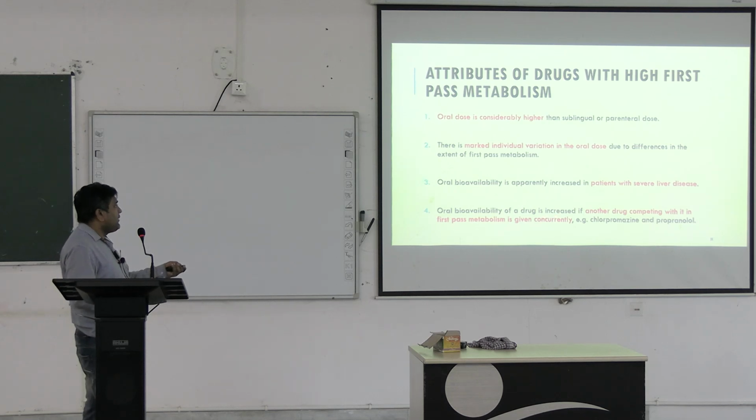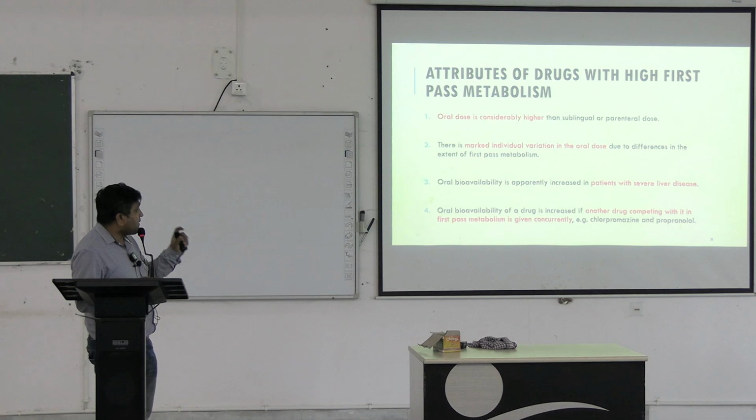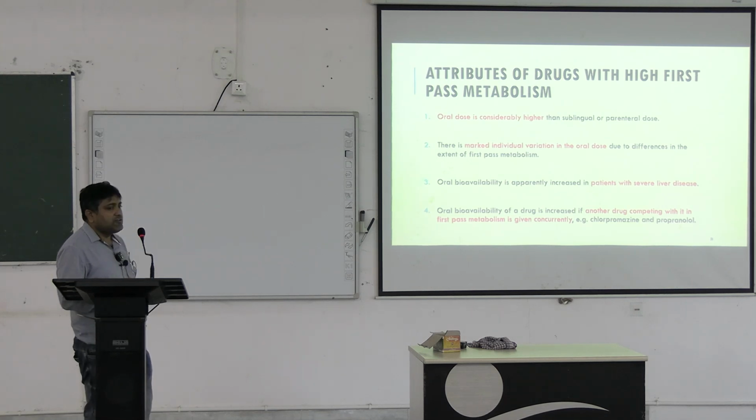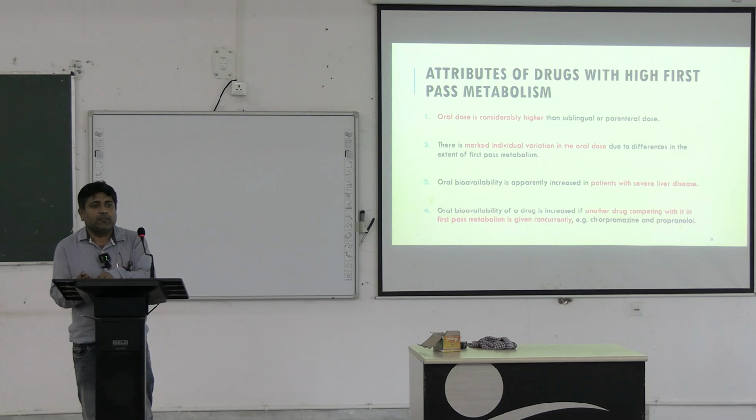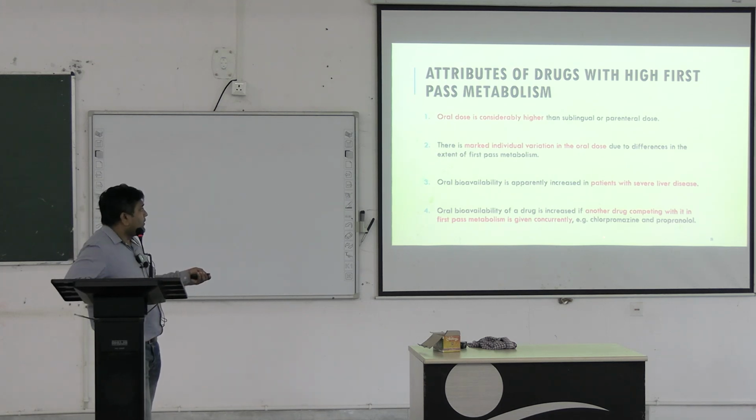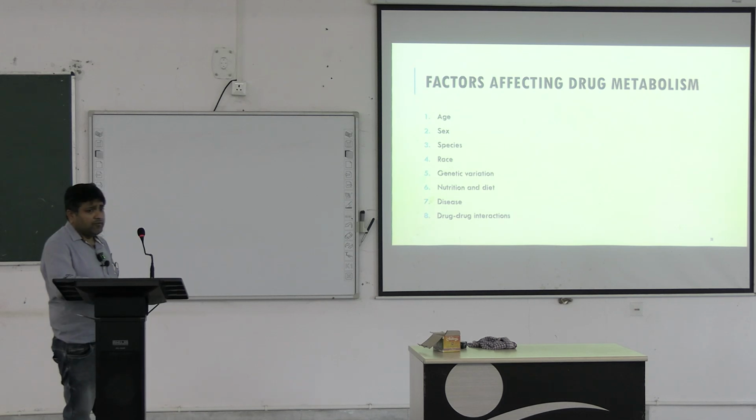Oral bioavailability of a drug is increased if another drug competing with it in the first pass metabolism is given concurrently. দুটো ড্রাগ একই ফার্স্ট পাস মেটাবলিজম এনজাইম দিয়ে কাজ করছে, তো তাহলে কিন্তু বায়োঅ্যাবিলিটি প্রত্যেকটা ড্রাগে বেড়ে যাবে। So like chlorpromazine and propranolol.